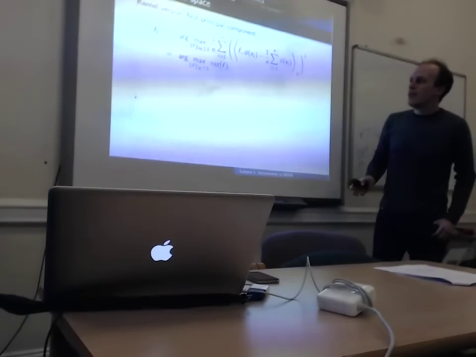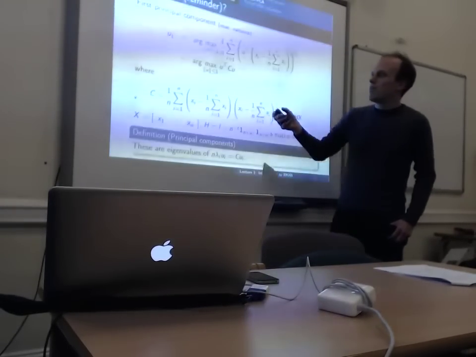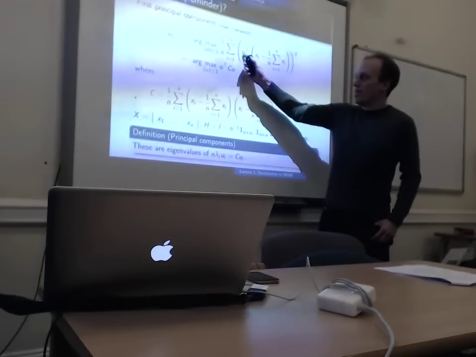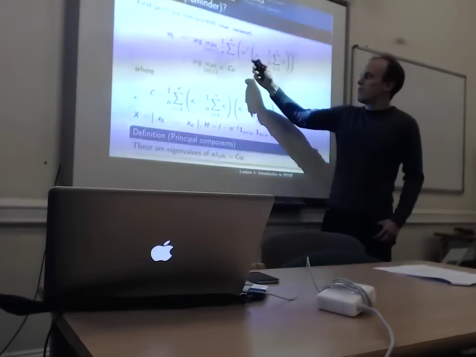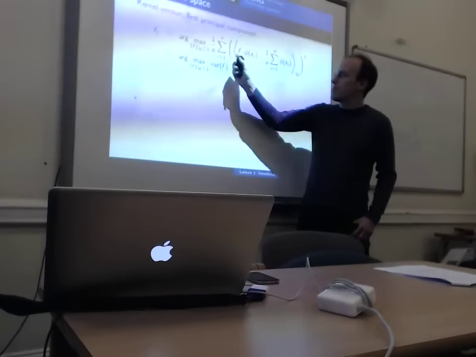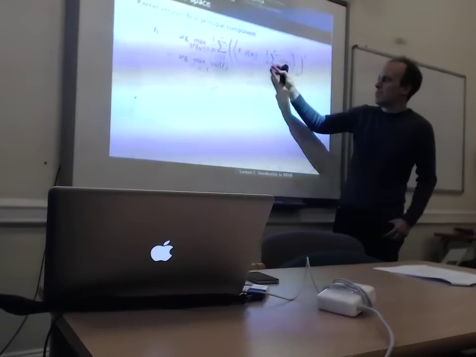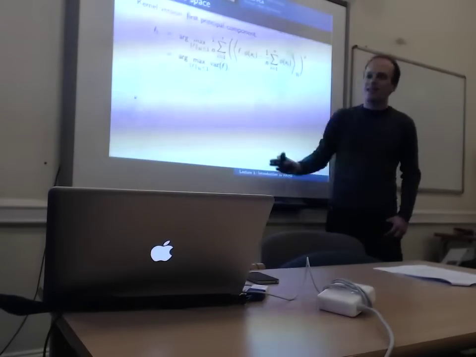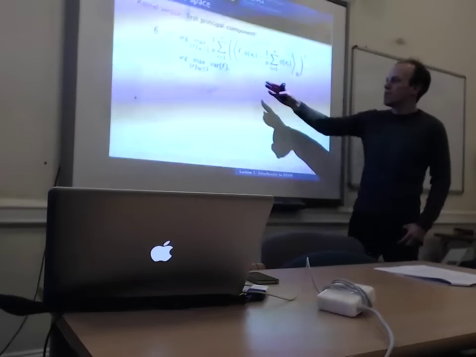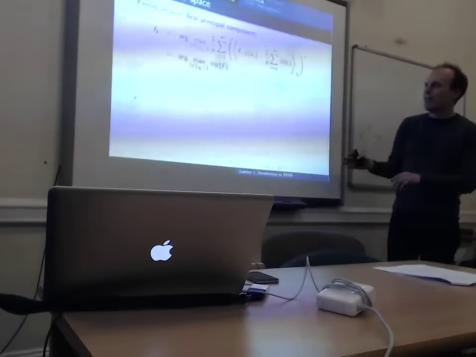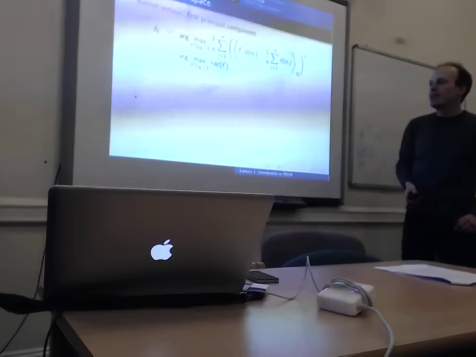So I'm doing exactly what I did before, maximizing, with the norm constrained to be less than or equal to 1, the inner product of f and phi of xi minus its mean, all squared expectation, so the variance of f. So nothing has changed from the linear to the kernel case.